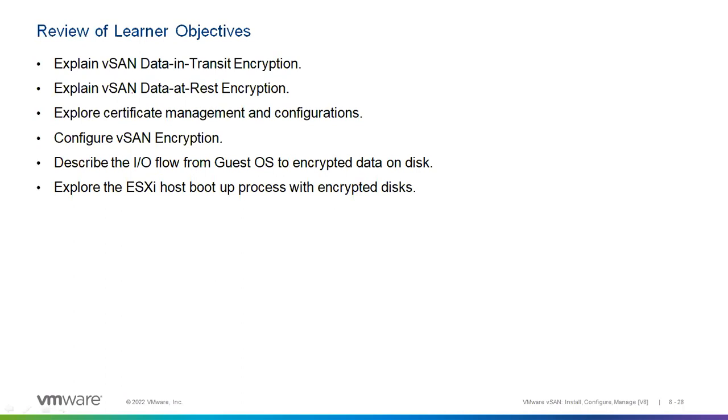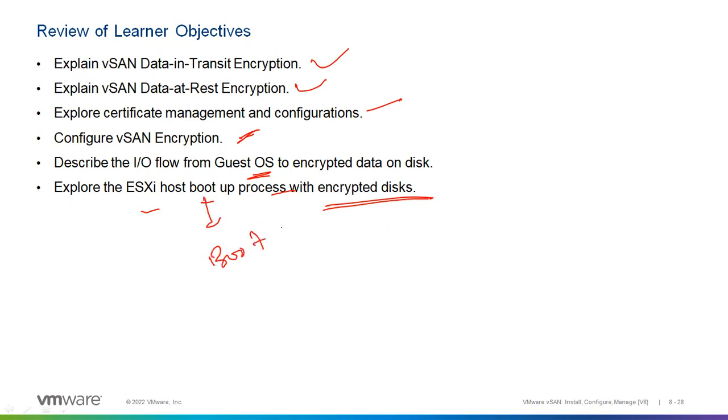Okay, sir. So what we read: enabling data in transit, explaining data at rest encryption, certificate management, configuring the encryption, IO flow from the guest operating system, and the ESXi host boot up process with the encrypted disks. But again, these are not boot disk encryption.